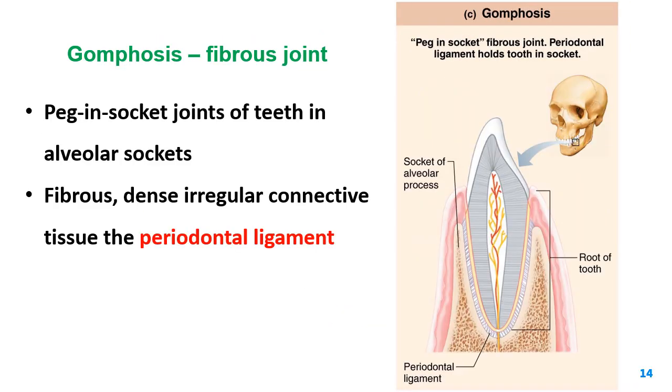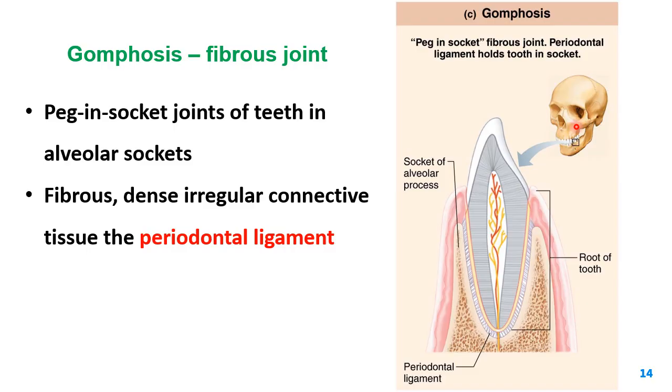So here we go to the other fibrous type of joint. Here's your gomphosis. The gomphosis is really this type of joint that is between your tooth and the tooth socket. So you're going to have here your mandible, and what is the name of this other bone here?